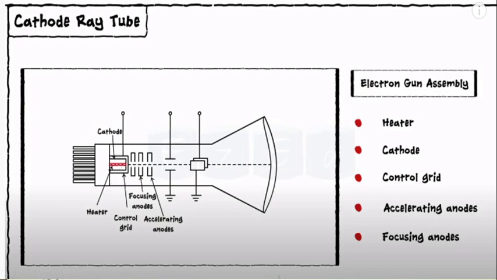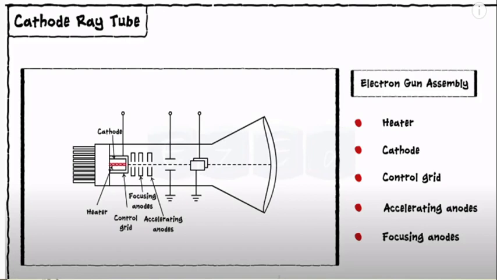The cathode is indirectly heated to emit electrons. These emitted electrons are then passed through the control grid, as shown in the figure. The control grid has a centrally located hole coaxial with the axis of the tube.